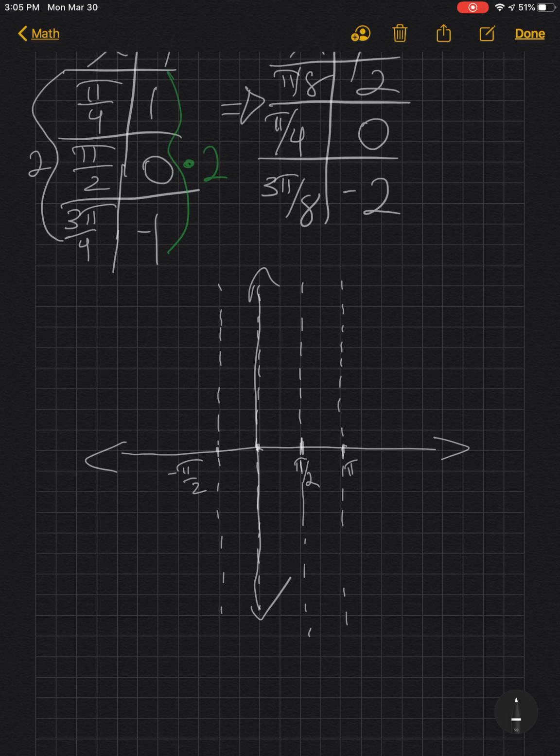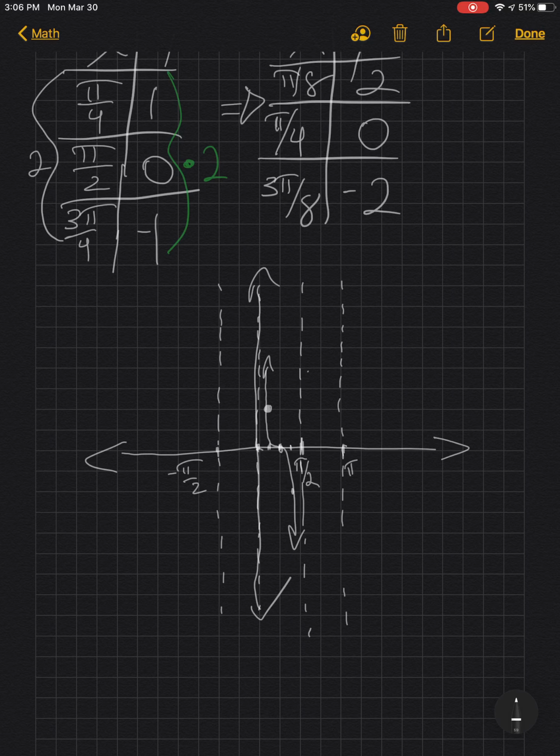Okay, now let's fill in our points. So pi over 8, 2. So pi over 8, we're going to just say is here. We're going to say pi over 4 is here. And 3 pi over 8 is here. All right, so we'll plot those points. Pi over 8 is 2, pi over 4 is 0, 3 pi over 8, negative 2. And we connect.